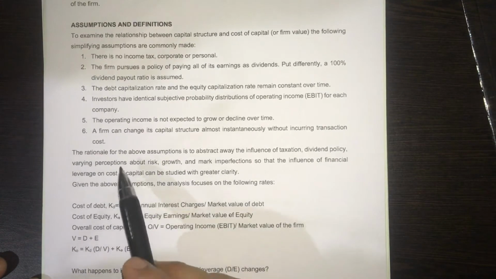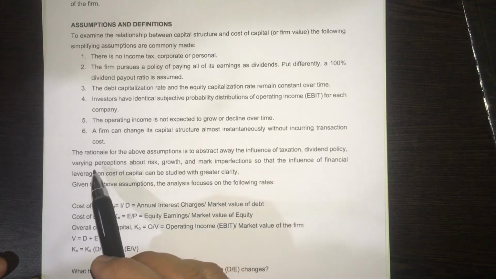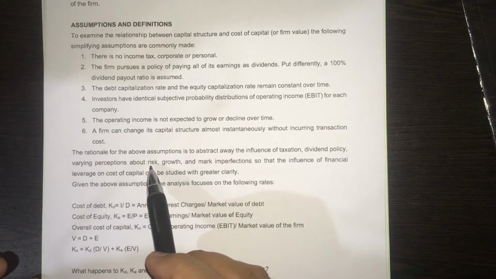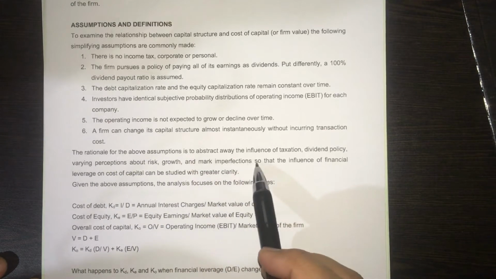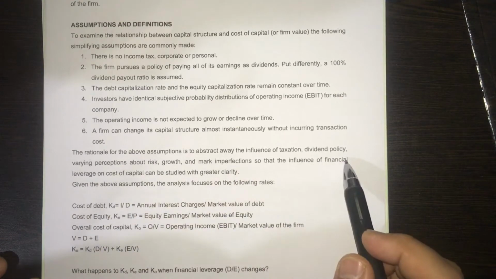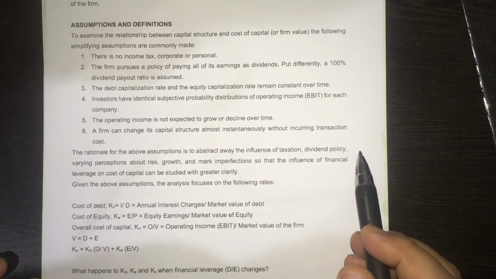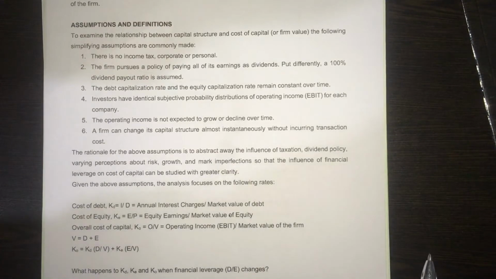Now, the rationale for the above assumptions is to abstract away the influence of taxation, dividend policy, varying perception about risk, growth, and market imperfections, so that the influence of financial leverage and cost of capital can be studied with greater clarity. What is financial leverage? Financial leverage, as I've mentioned in the leverage videos, is nothing but the presence of fixed financial costs like interest.